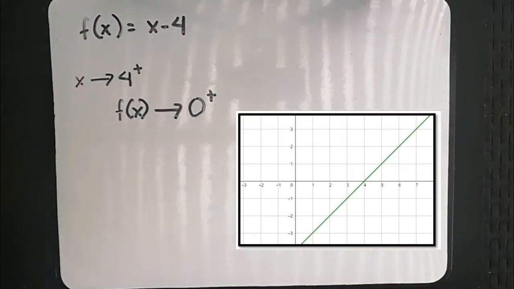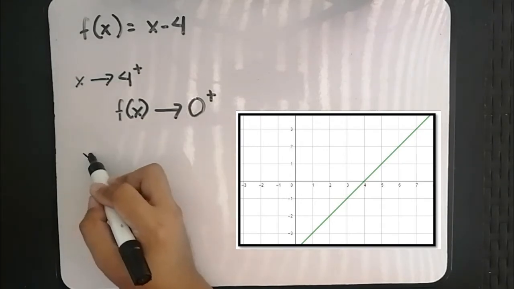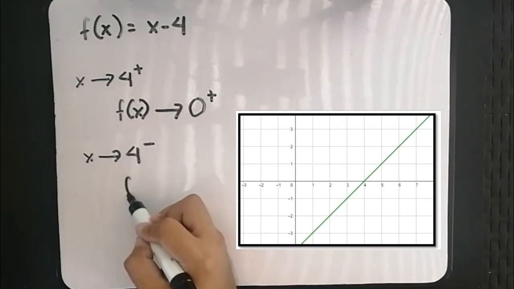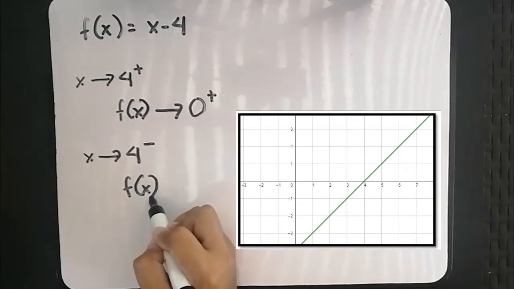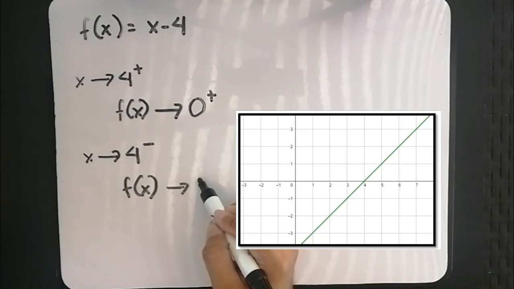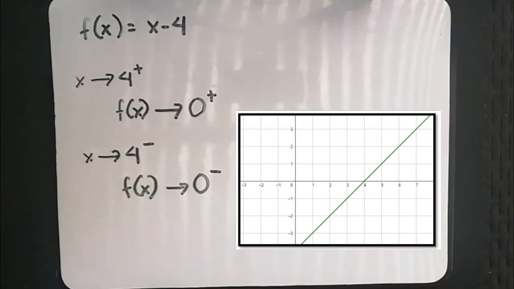On the other hand, as x approaches 4 from the left, saan naman dumadaan si f of x natin? f of x approaches 0 passing through the negative values.